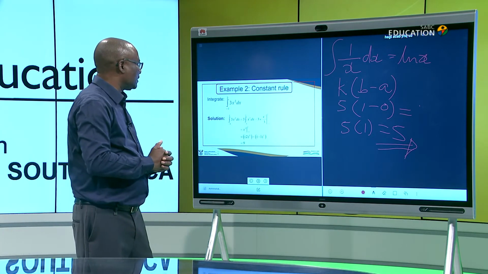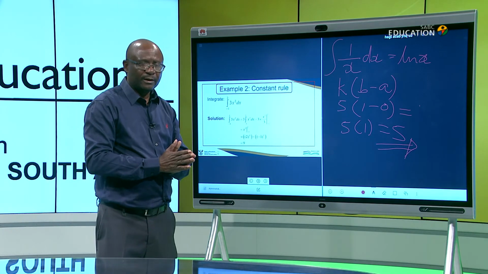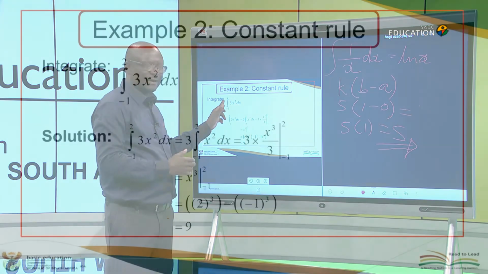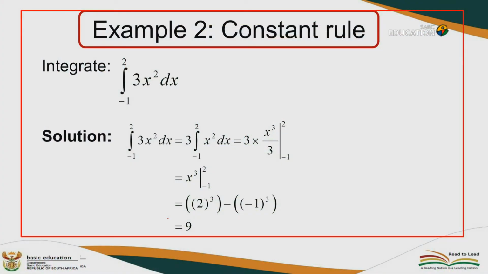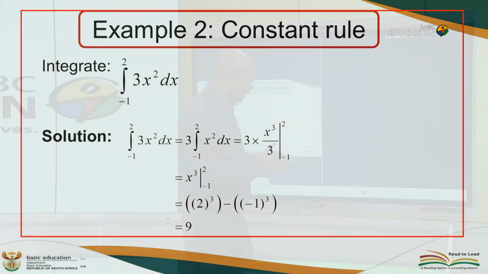Then let's look at example number 2. Example number 2 is the application of the multiplication of a constant and a function. Here we've got the constant 3 and the function x squared, with the limits a equal to -1 and b equal to 2. What do we do?